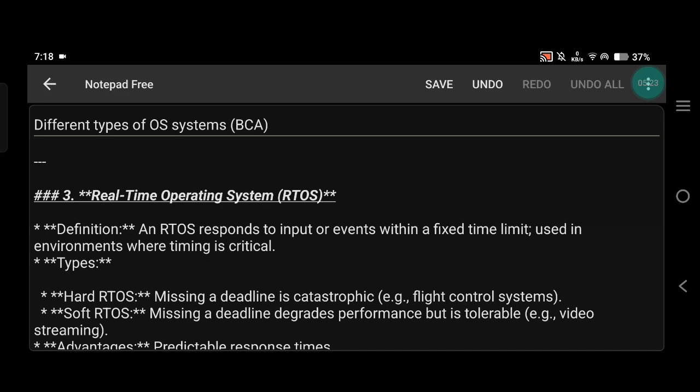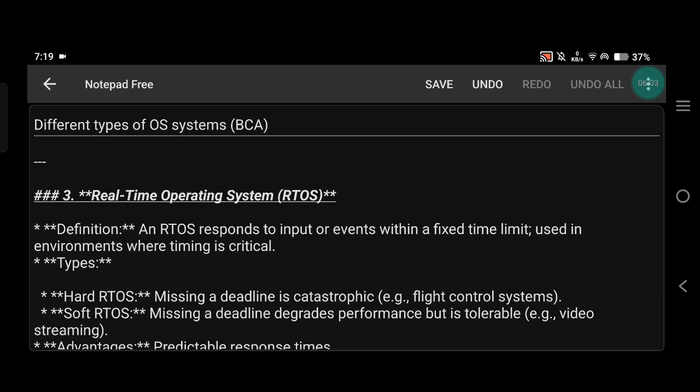Third is real-time OS. These systems must respond to events within a fixed time limit.